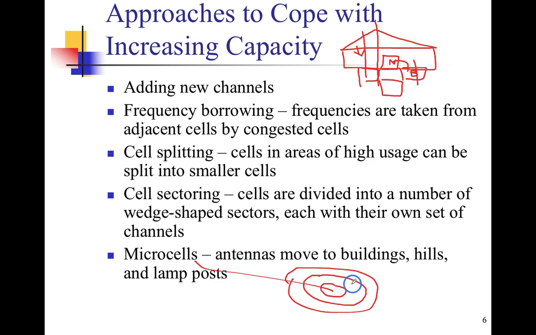So imagine in this particular area, you can have many microcells. Okay, so it's easy for you to manage. This is what we call the approaches to cope with increasing capacity. That's 5: adding new channel, frequency borrowing, cell splitting, cell sectoring, and microcell.